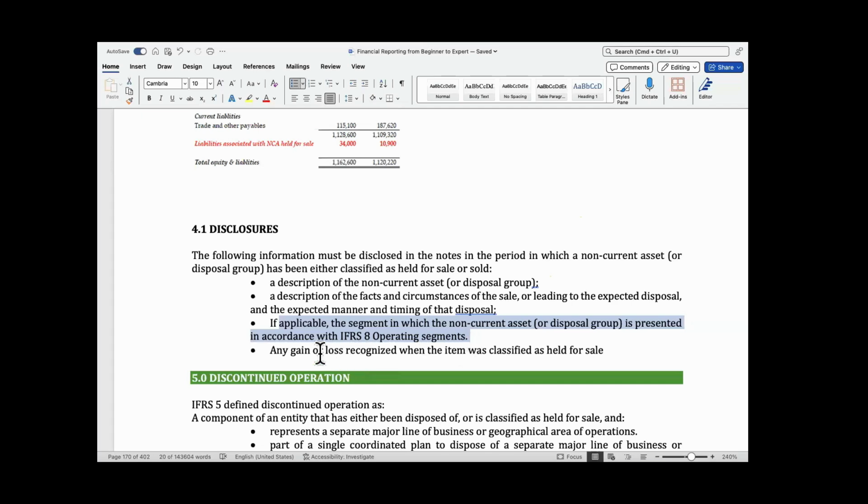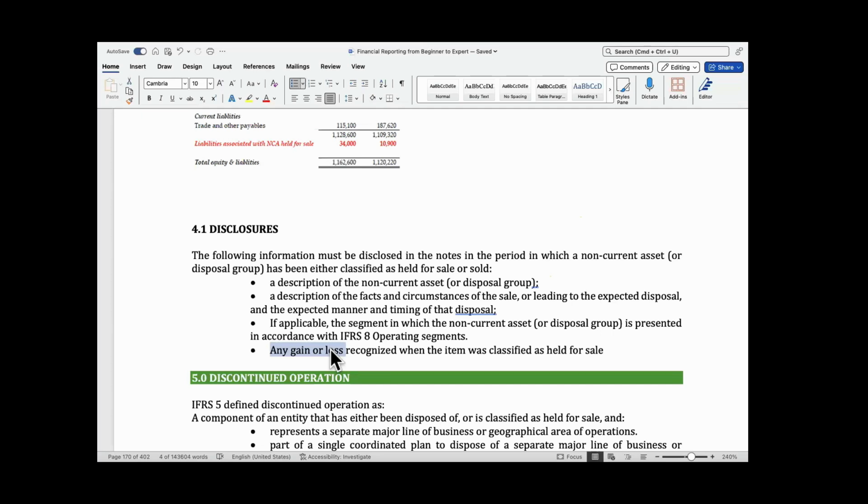And when you were measuring it, if there was any gain or loss, that impairment loss I mentioned, when you need to write the carrying amount down to its net realizable value, you have to book an impairment loss. That impairment loss needs to be properly disclosed.